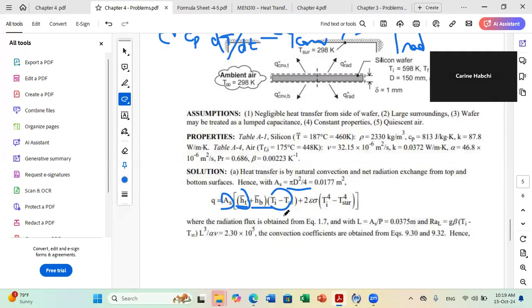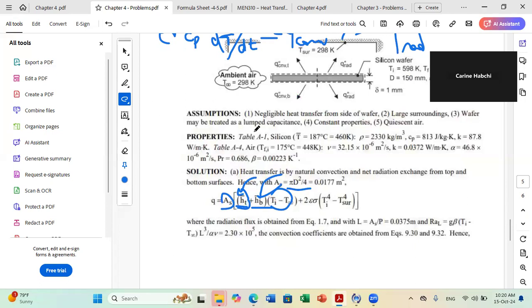Now, the only remaining part is to evaluate h bar top and h bar bottom, the average values at top and bottom. So first, since the fluid is air, we need to go to the table of air at film temperature, which is T surrounding plus T initial over 2.